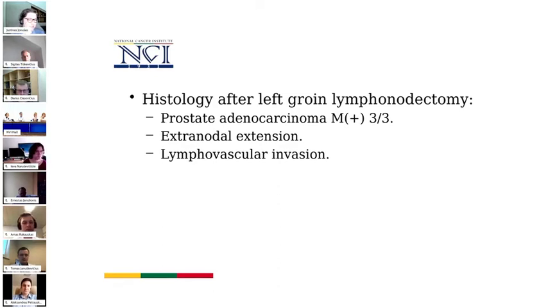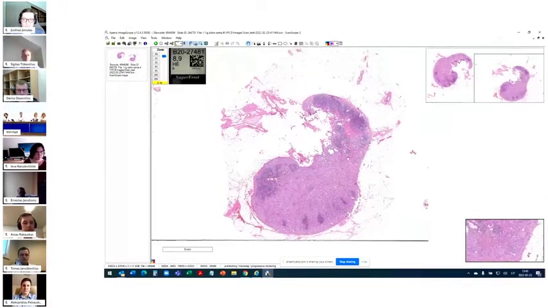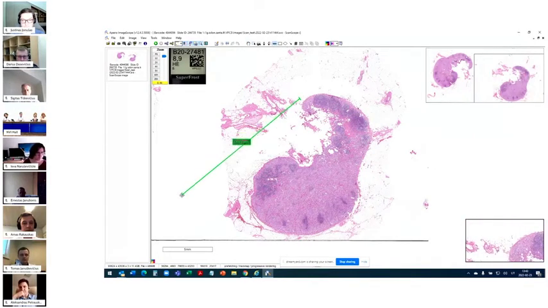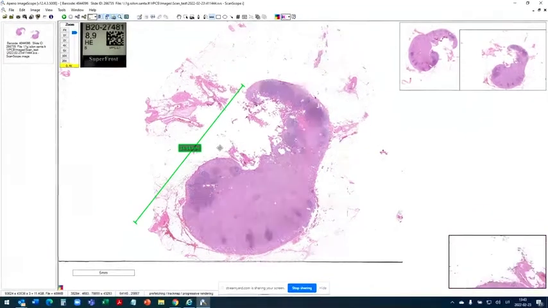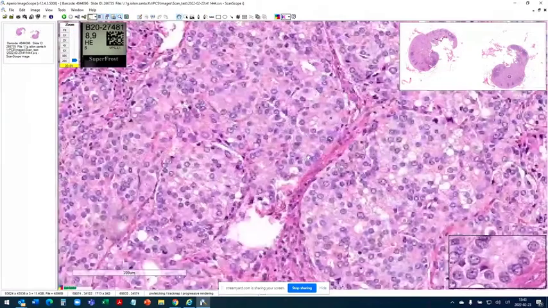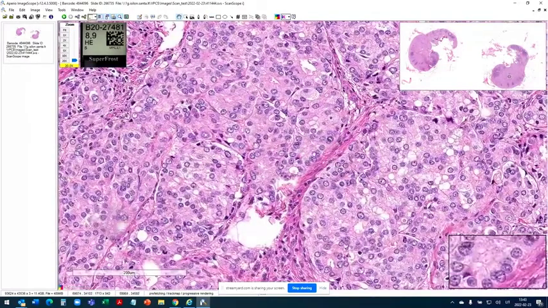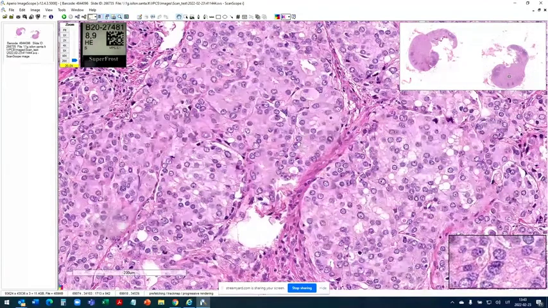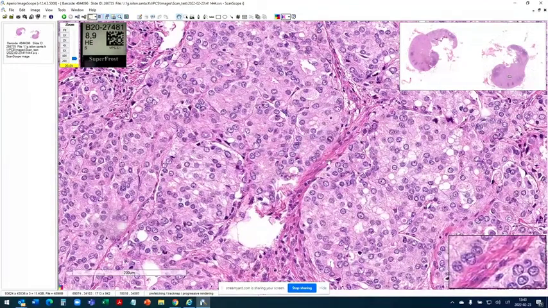Maybe there's something else that the pathology department wants to add. Yes, one moment. All three lymph nodes were infiltrated by tumor, with metastasis up to 40 or 15 millimeters, and the tumor was of poorer differentiation than in the first biopsy.